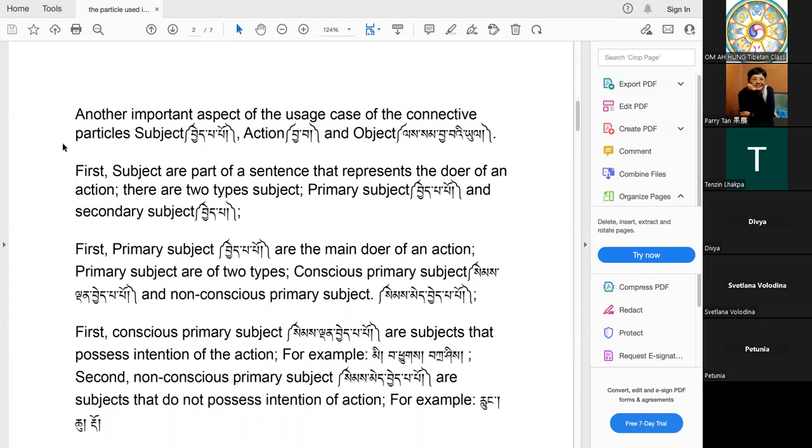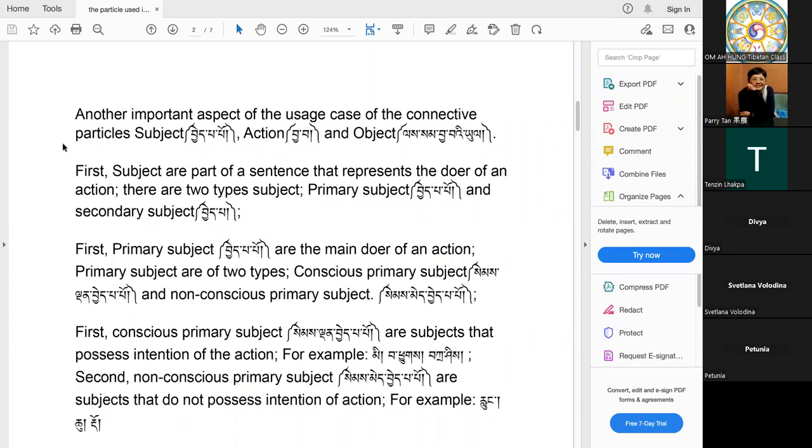Now we're left with the rest of the dependent particles and the independent particles. From this point onwards, it will be the longest portion. Once we're done with that, we're done with almost 90% of the entire text.